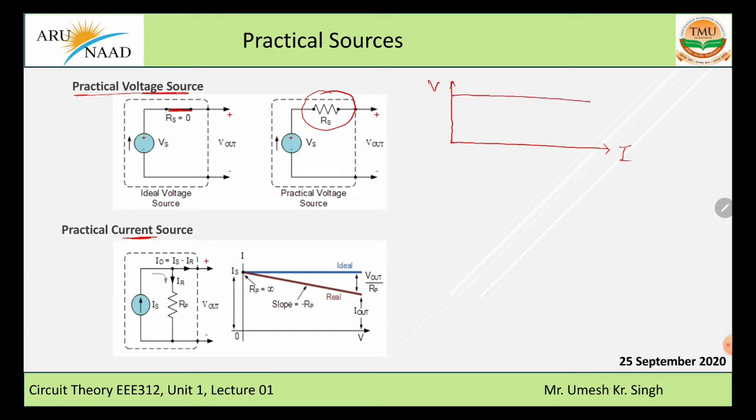So voltage is constant because it is a DC voltage. Let's say the value is V. This is a small v, meaning instantaneous value, and this is V, a voltage.